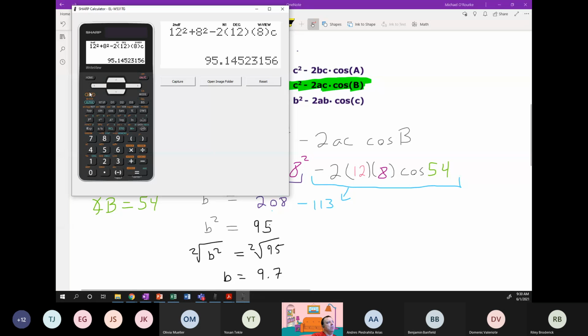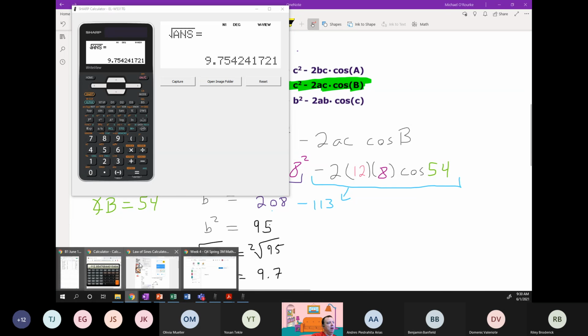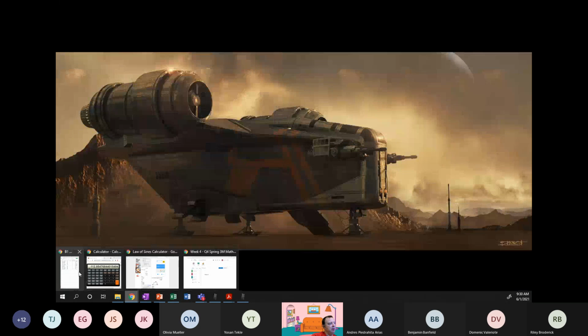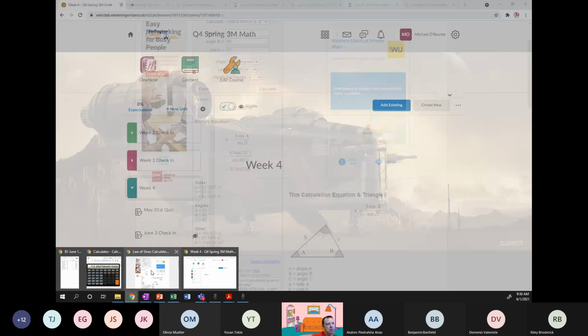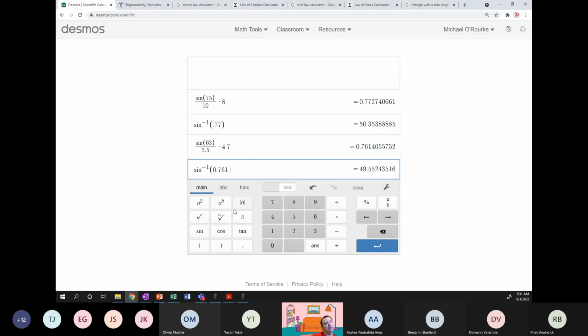Then I could just press square root and be there. Does that make sense to everyone? What I just showed you there? Now, some people who don't have an actual scientific calculator or couldn't download that app have been using Desmos Scientific Calculator, which you can probably type in the exact same way all the way through.